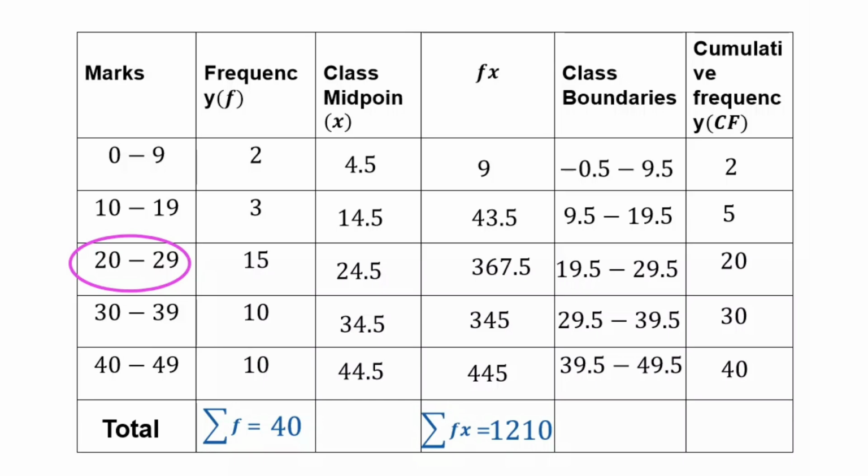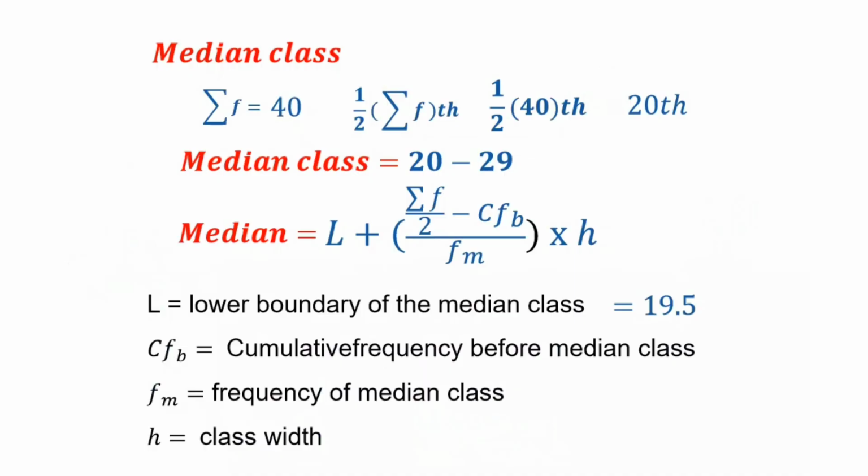And in that case, we are saying before that median class, so automatically we are talking about 5, because it should be less than the cumulative frequency for the median class. So we conclude that our cumulative frequency before the median class is 5.